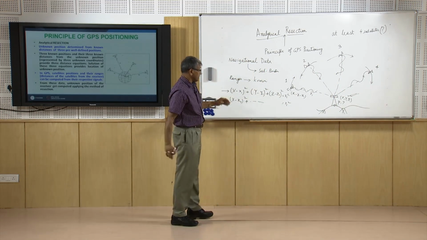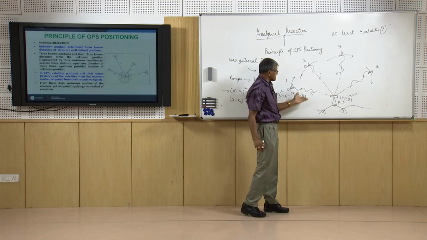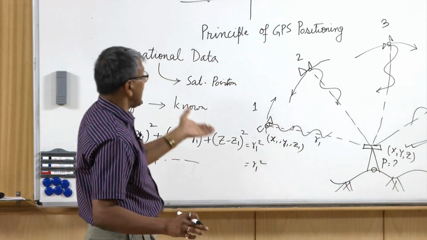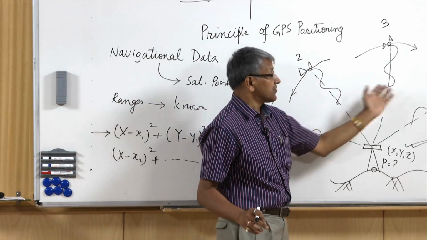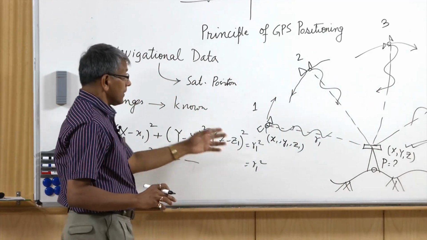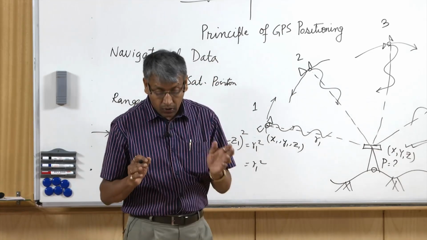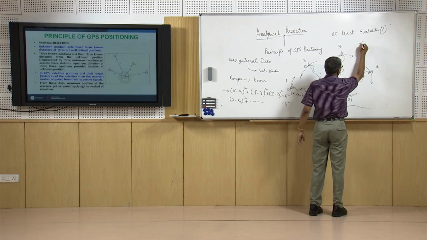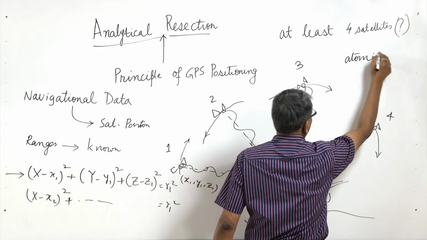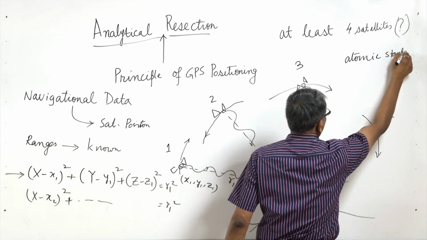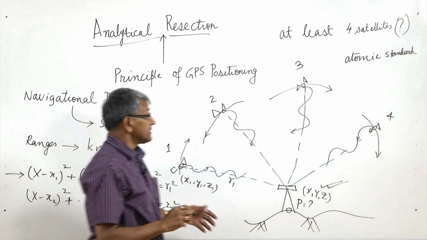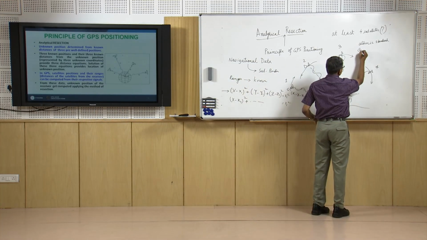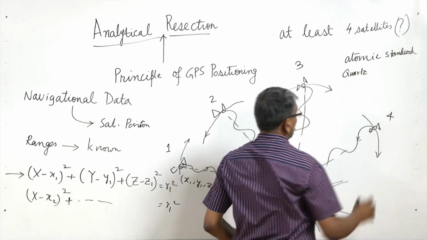Now we know that in case of GPS it is not 3 satellite signals, but signals should be available from at least 4 satellites. The reason behind this is that the clocks in the satellites are of atomic standard, and the time measurement device used in our receiver is a quartz clock.